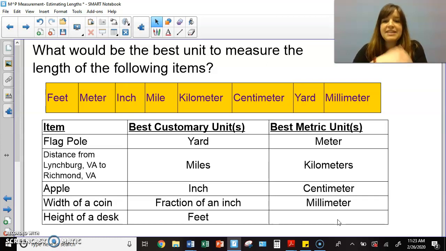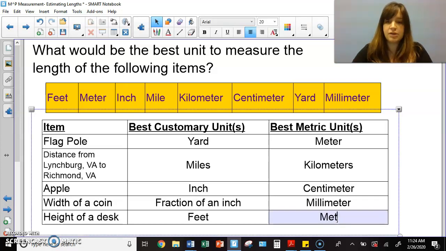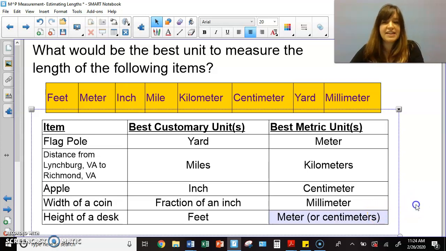So the next level up is centimeter, and then the one after that is meter. So meter is like a baseball bat. So your desk probably is about the height of a baseball bat. So a meter would probably be best, but if it's a shorter desk, if it's a tiny table or something like that, a centimeter might be better. So I'm going to say meter or centimeter. I'm going to put it in parentheses because there might be an instance depending on the desk.